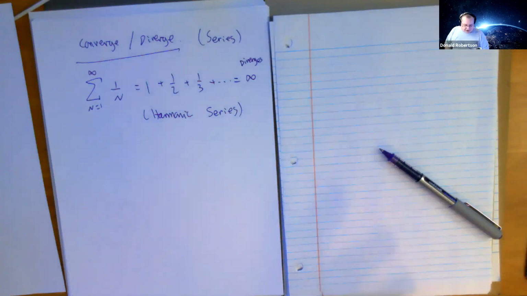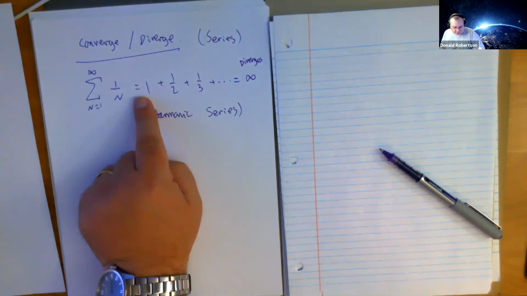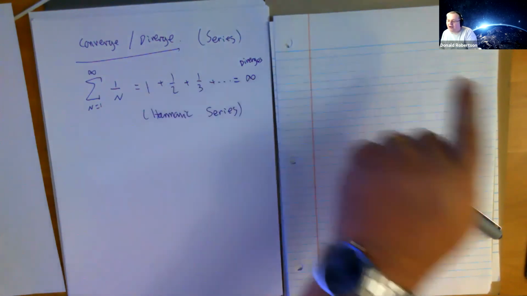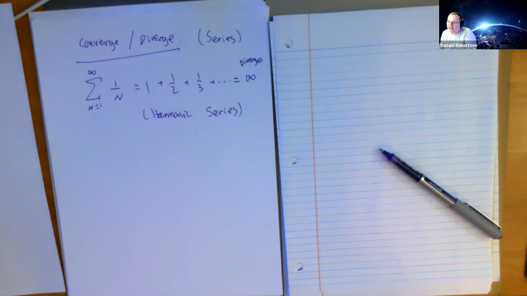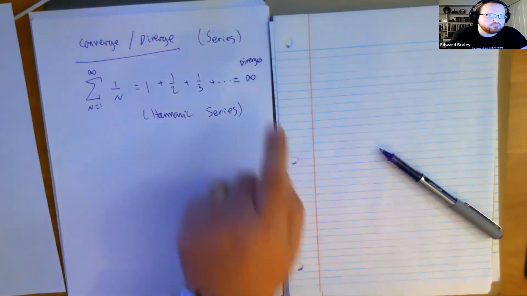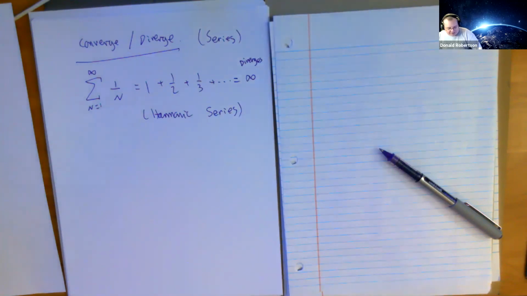So what are you saying? You're saying that this is made up of 1 plus a half plus an infinite number of other halves. Would you agree that an infinite number of halves is infinitely big, and therefore it diverges? So that's a kind of pseudo proof of that. Or you will just remember that when you ever see this guy, you've got a diverger.